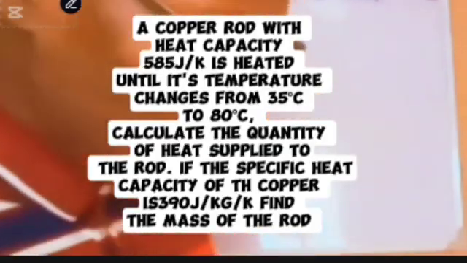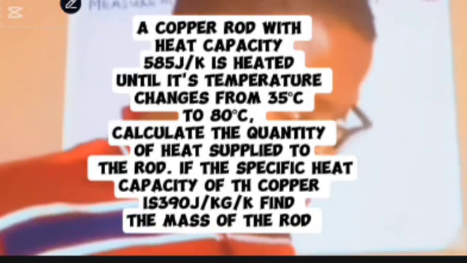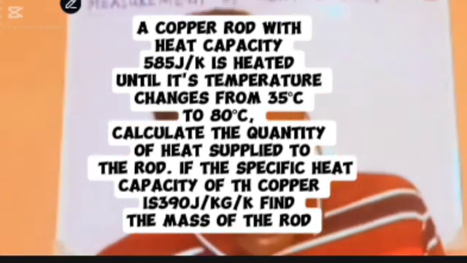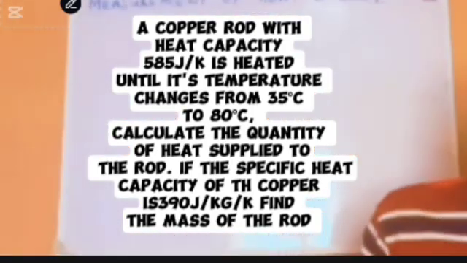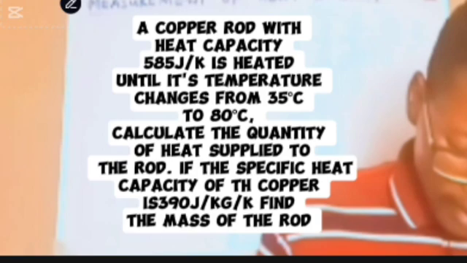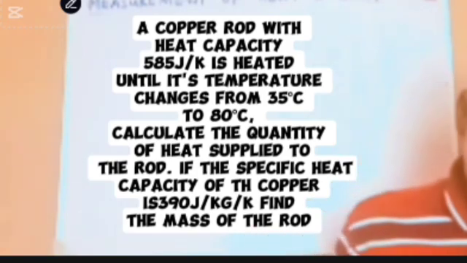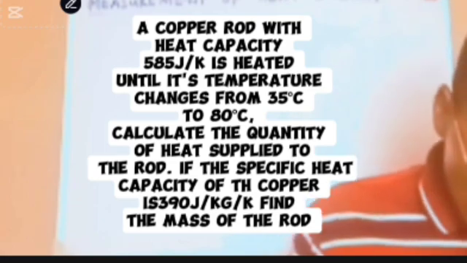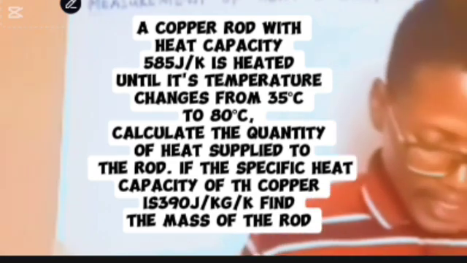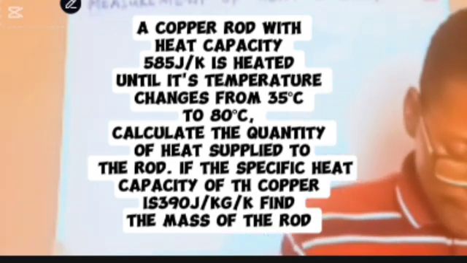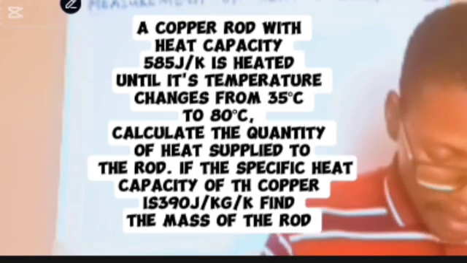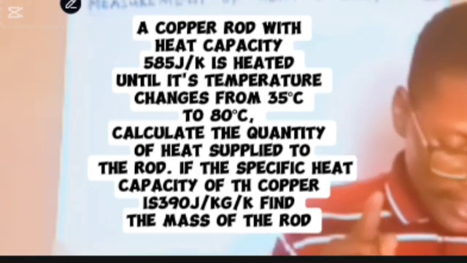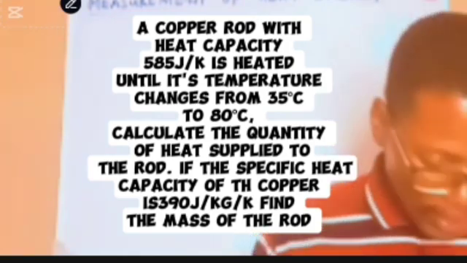Now the question is, a copper rod with heat capacity 585 joules per Kelvin is heated until its temperature changes from 35 degrees Celsius to 80 degrees Celsius.